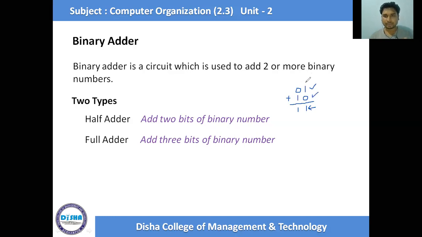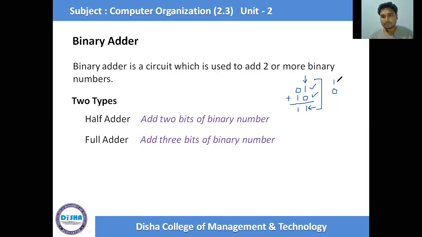If we look in the column direction, it is a 2 bit number. This is the first bit, this is the second bit. This is my first input, this is my second input. When I supply these two input numbers, I will get the result.